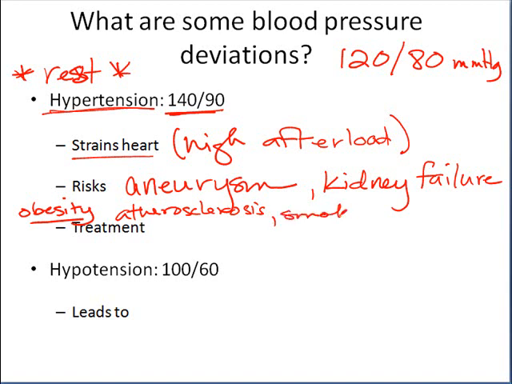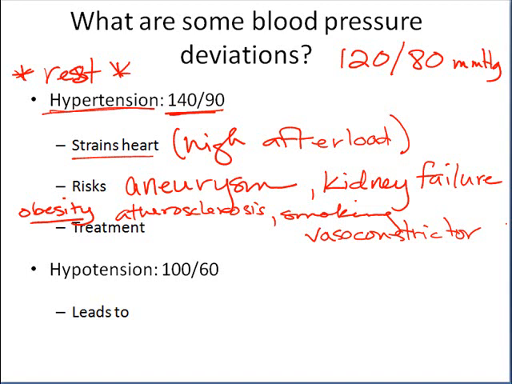Smoking's another big risk factor, and that's because nicotine itself is a vasoconstrictor. So it actually induces your arterioles to constrict when you smoke. The number one way to treat high blood pressure is with diet and antihypertensive drugs.